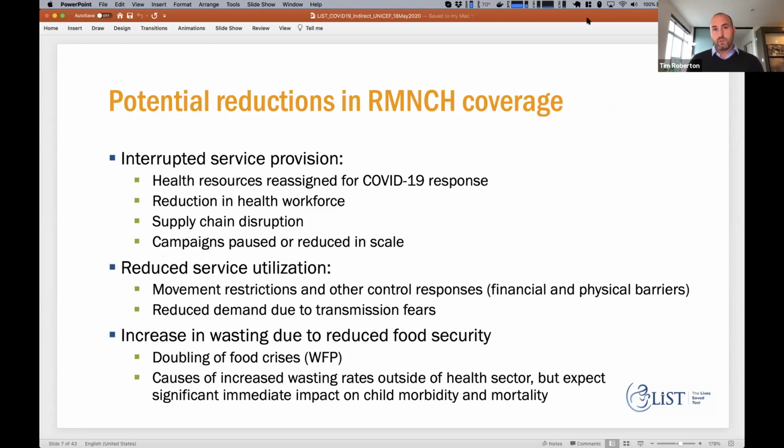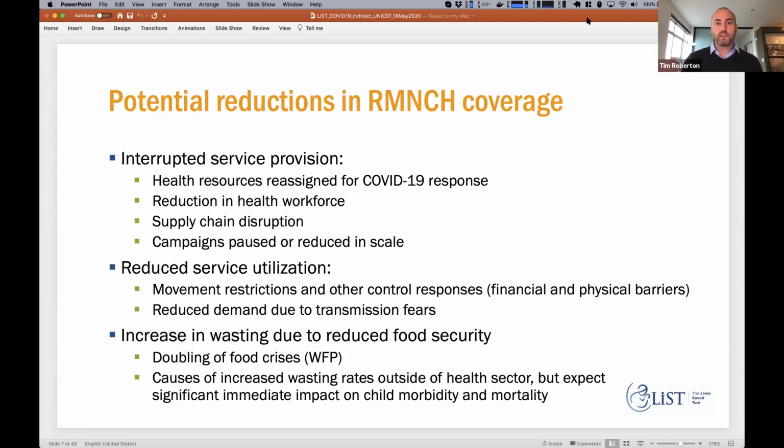Okay, so just to recap again, we see various factors at play here that might be responsible for this reduced access to care. The first would be that the provision of services itself is interrupted. So health resources are reassigned for the pandemic response. There could be issues in the health workforce availability.